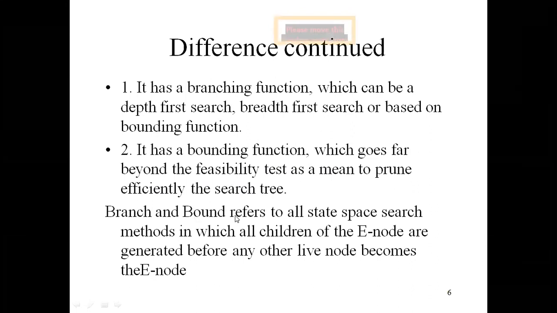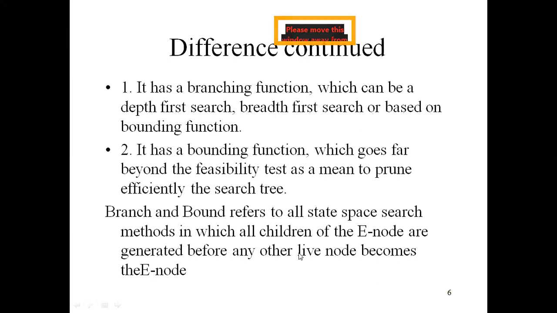So branch and bound refers to all state space search methods in which all children of the E node are generated before any other live node becomes the E node.